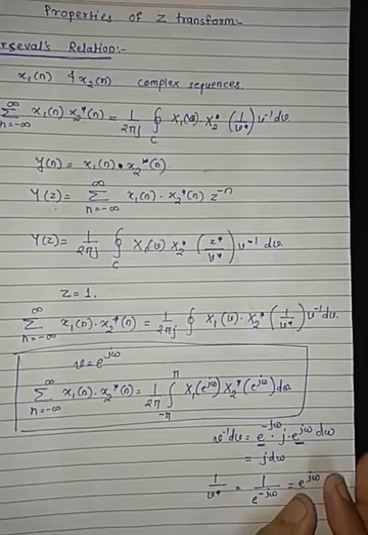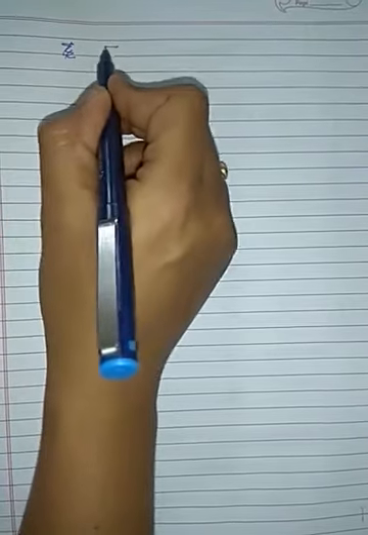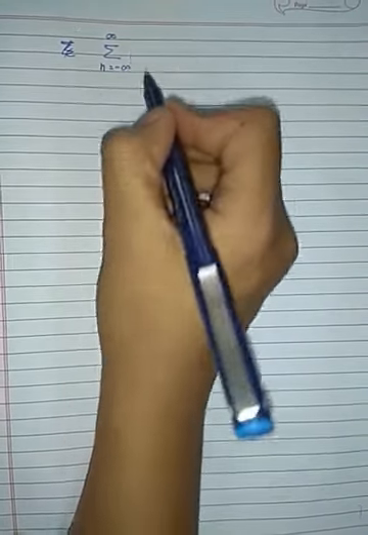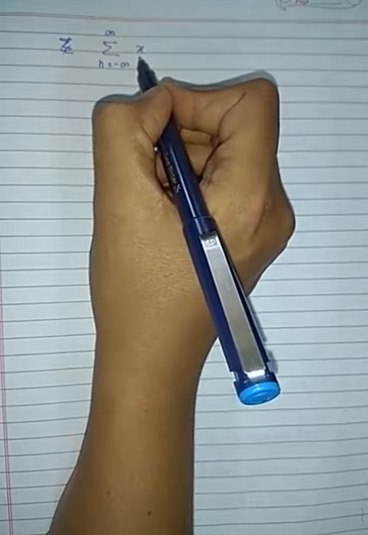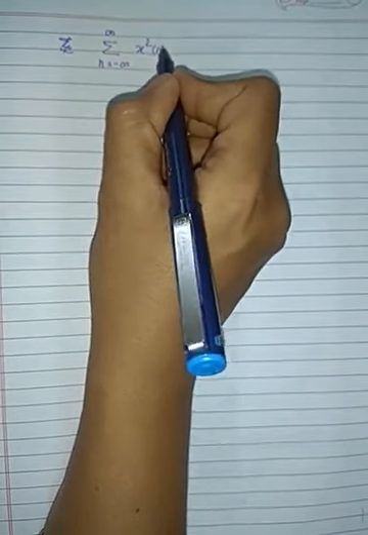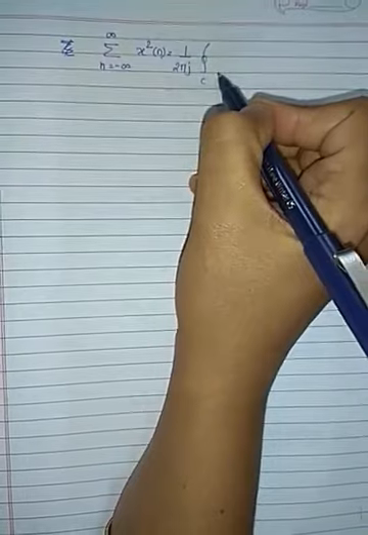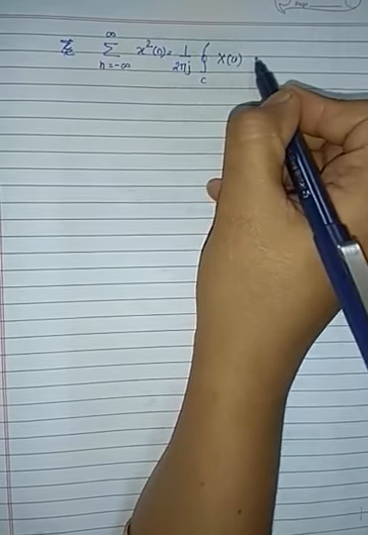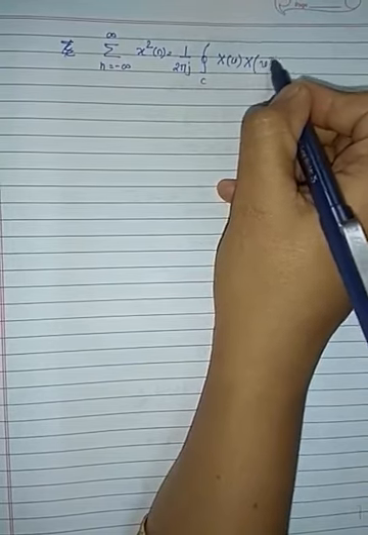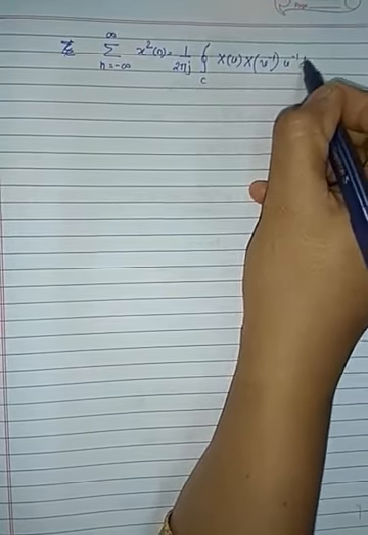Now here, if x1 of n is equivalent to x2 of n, which is equal to x of n, then x of n is a real sequence, and our equation now becomes summation from n is equal to minus infinity to plus infinity x square of n is equal to 1 upon 2 pi j over the closed contour integral x of v into x of v inverse dv.